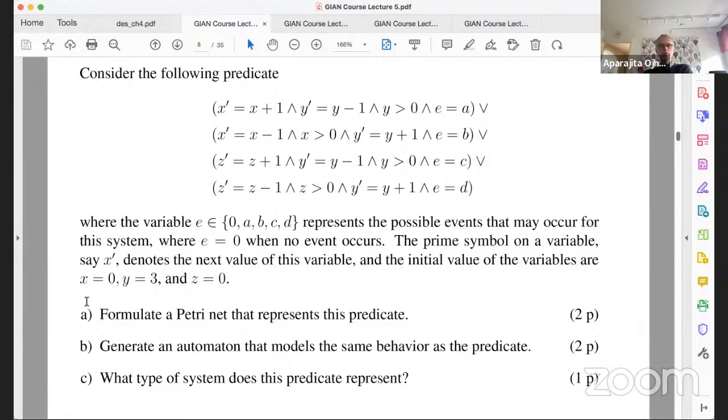The prime symbol is used for the next value of a variable. And the initial value is that X is equal to 0, Y is equal to 3, and Z is equal to 0. So based on this, we are asked to formulate a Petri-net that represents this predicate.